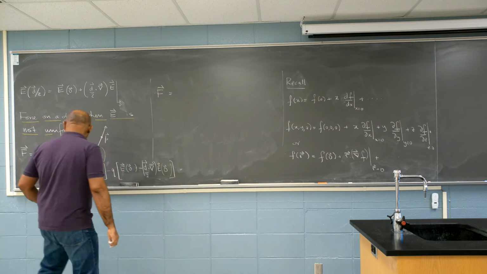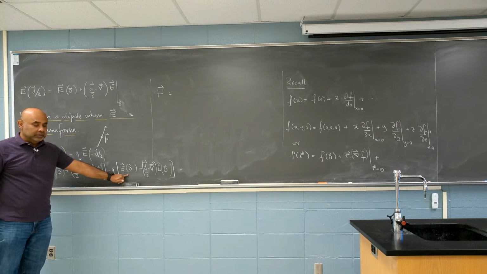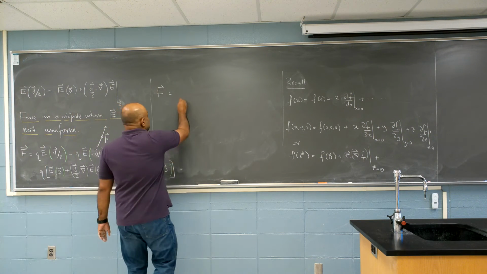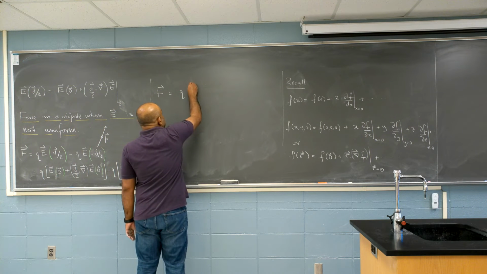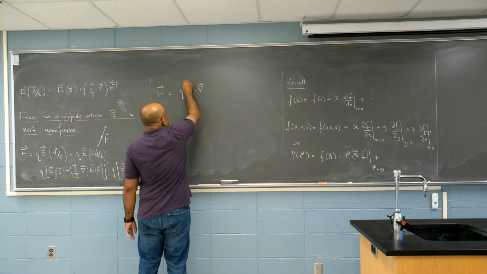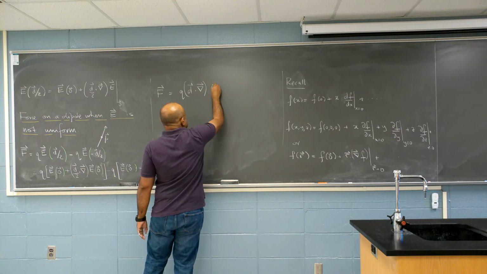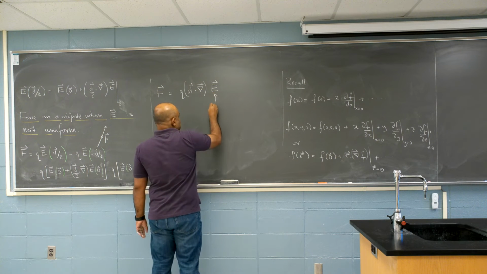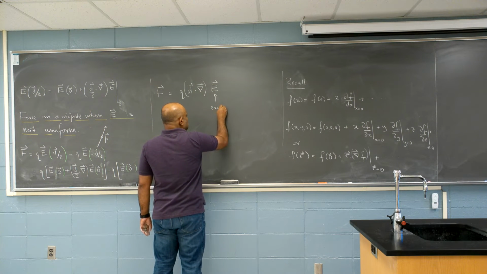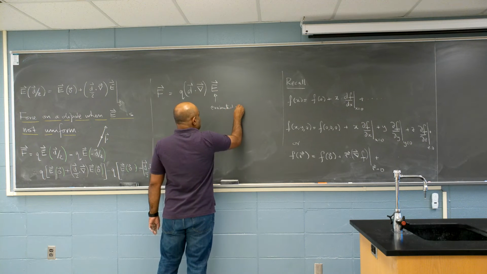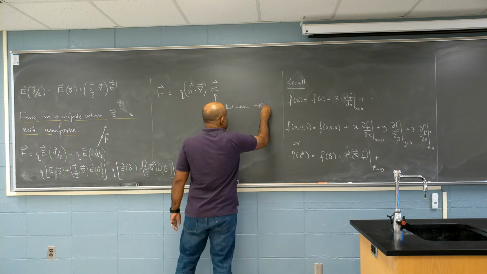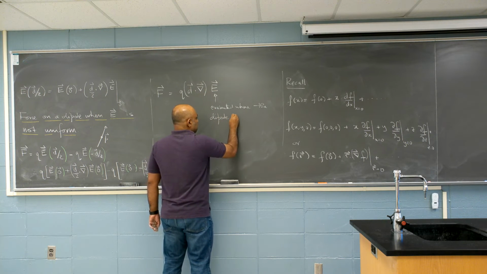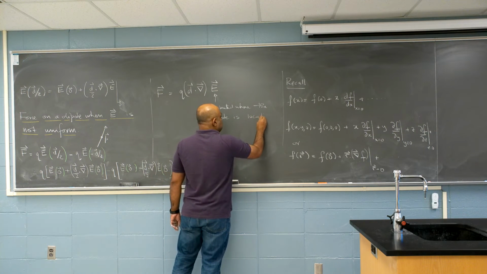Well, guess what, guys? The E0 term cancels off, and the d over 2 plus d over 2 just becomes d, and I get q d dot gradient of E evaluated where the dipole is located.